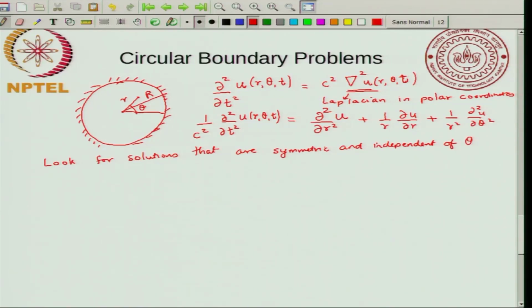So u of r, theta, t becomes u of r, t. Further, I will write this as a function only of r times a function only of t, u equals w(r) g(t).